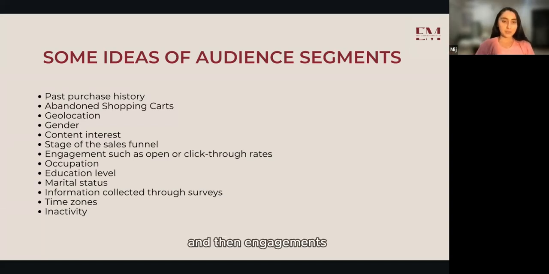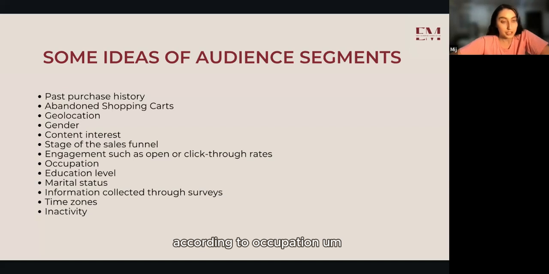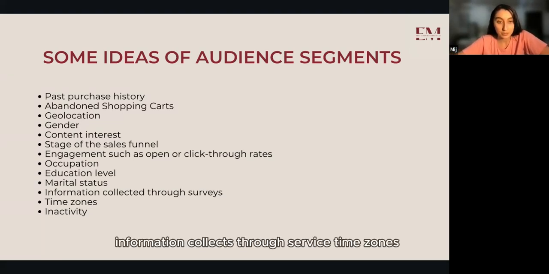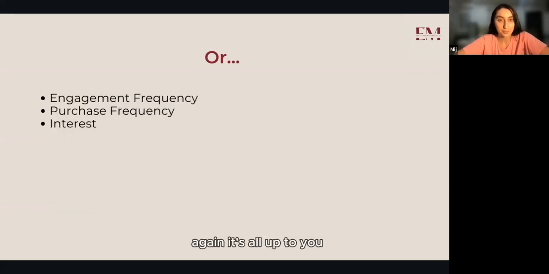And then engagements such as open or click-through rates, you can also create a separate list for those who always engage, like, always open your emails, always click through. According to occupation, according to educational level, marital status, information collected through surveys, time zones, and inactivity. Again, it's all up to you.